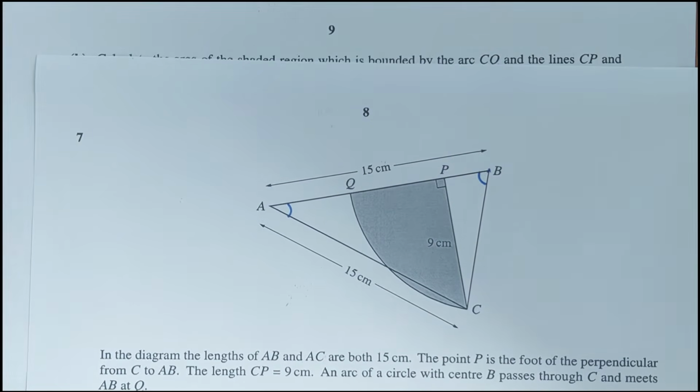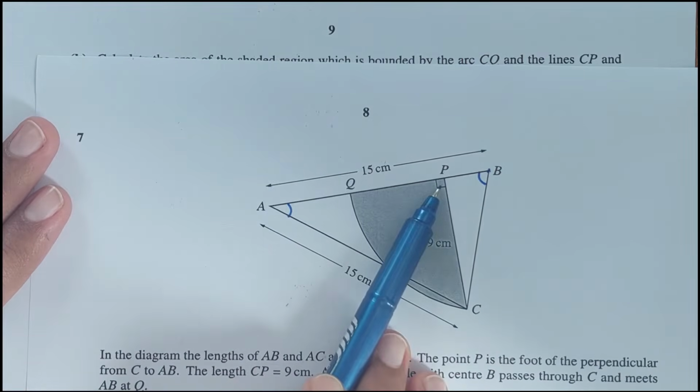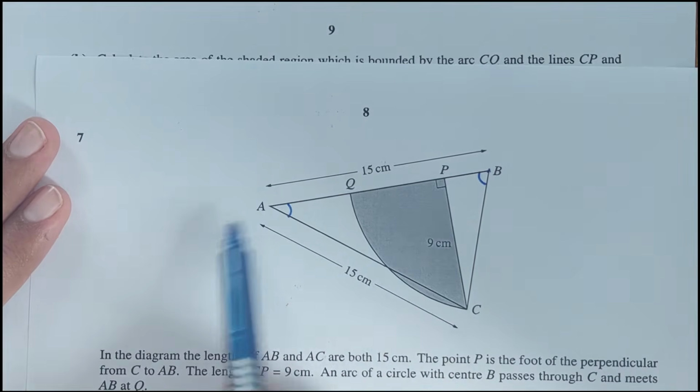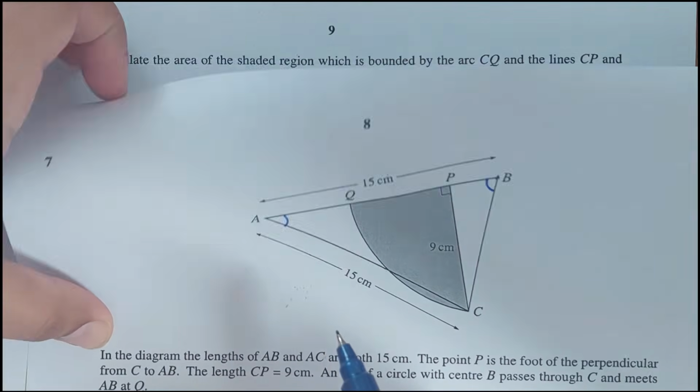Let me consider this right angle triangle A, C and P. We have AC is 15 and CP is 9, and we need AP.